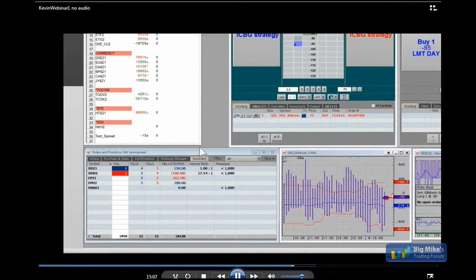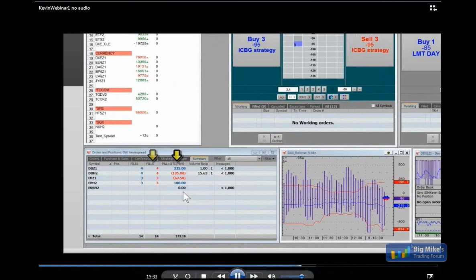The information also populates the orders and positions window, which I have here. I'm viewing the summary tab. In the summary tab, I will see all of the symbols that I've traded today. I'll see any open position that I have, including any buy-side fills, sell-side fills. I can also see the P&L and any open trade equity I have in each one of those legs.